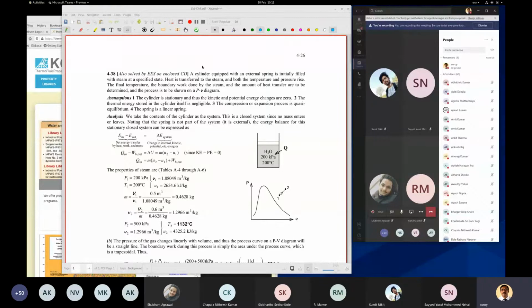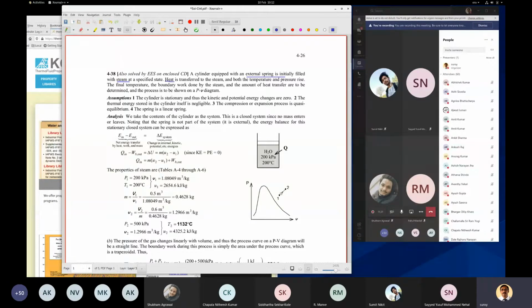A cylinder equipped with an external spring. So this is the problem with springs, and filled with steam. So we have to use the steam properties.